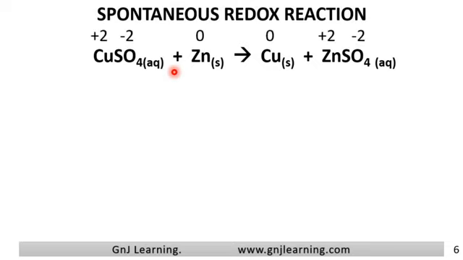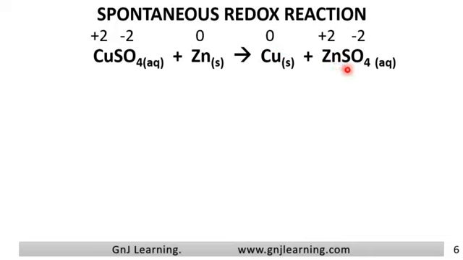So these are the oxidation numbers. How did we get them? Sulfate always has an oxidation state of -2. Copper, to compensate that, must have an oxidation state of +2. Zinc and copper are in their elemental form because they are metals, and almost all the elements in elemental form have an oxidation number of 0.